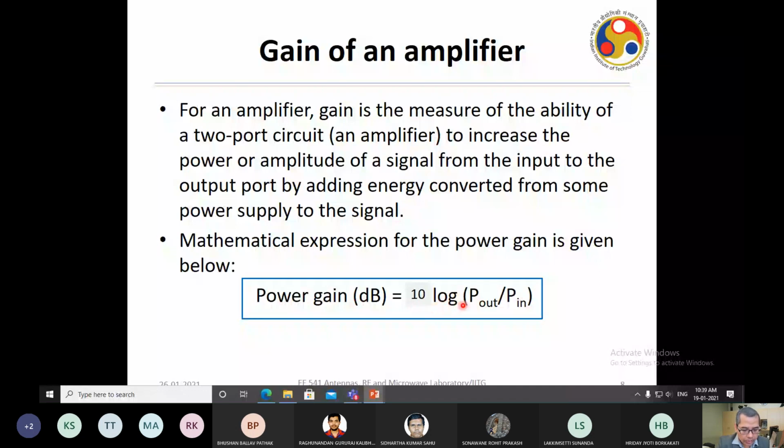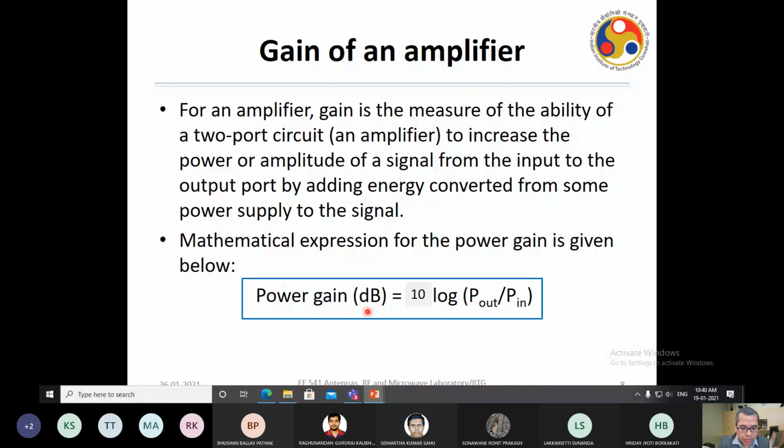If it is 10 log for power, what's the relation with the voltage? Power's relation with the voltage is V squared. So you replace this by V out squared divided by V in squared, assuming that the impedance of the device is fixed. So it's a square here. You bring it out, and it becomes 20 log of V out by V in for the gain in dB.